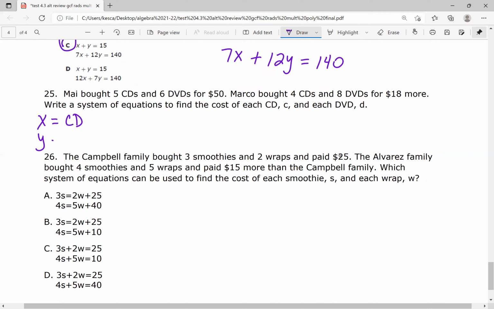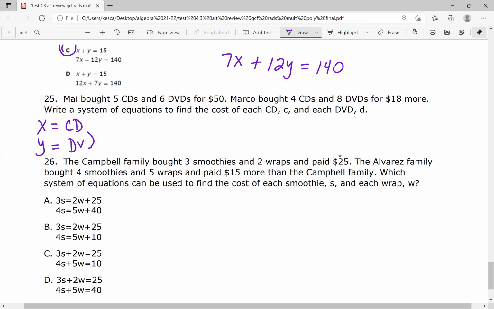And then Y, we're going to call DVDs, yes? And so I know that if I buy 5 CDs, so 5X, and she bought 6 DVDs, so 6Y, because we're trying to find the cost of each one, right?